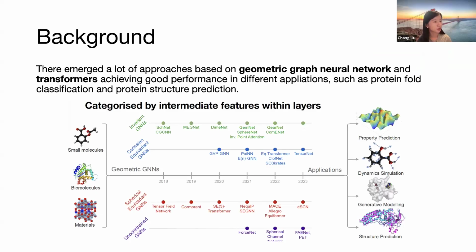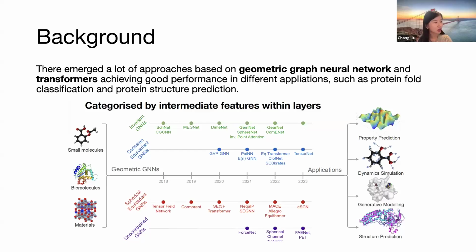Before locating the issue that we want to improve, we did some research on this area, and we can see a trend shown on the slide that since around 2017 to 2018, a lot of approaches based on geometric graph neural networks and transformers emerged, achieving good performance in different applications such as protein fold classification and protein structure prediction.